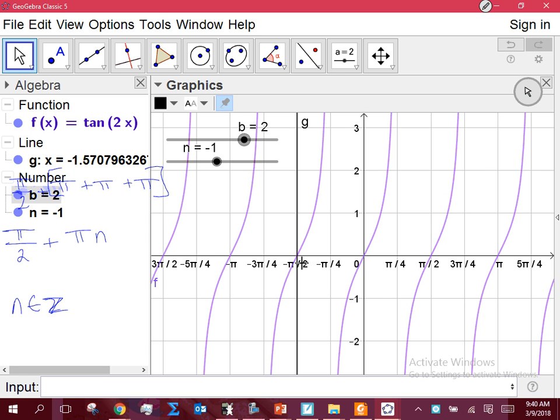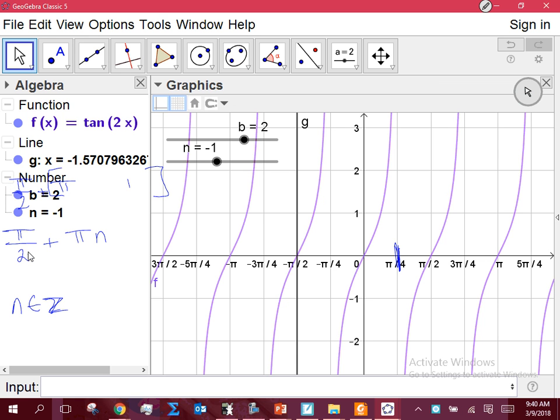So it's right at the midpoint of that curve. So how do we adjust this? Well, our first asymptote here looks like it happens at pi over 4, right? So this needs to be pi over 4.